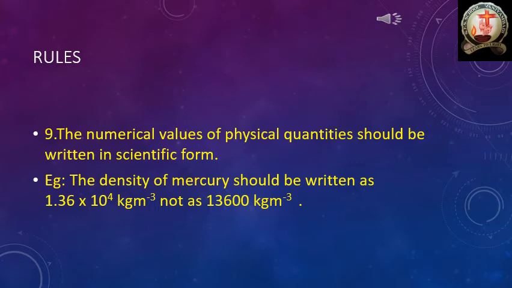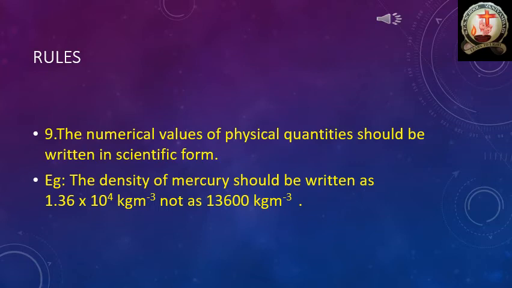Look at the example, the density of mercury. The density of mercury should be written as 1.36 into 10 power 4. This is the scientific format. So we have to write 1.36 into 10 power 4 kg m power minus 3.